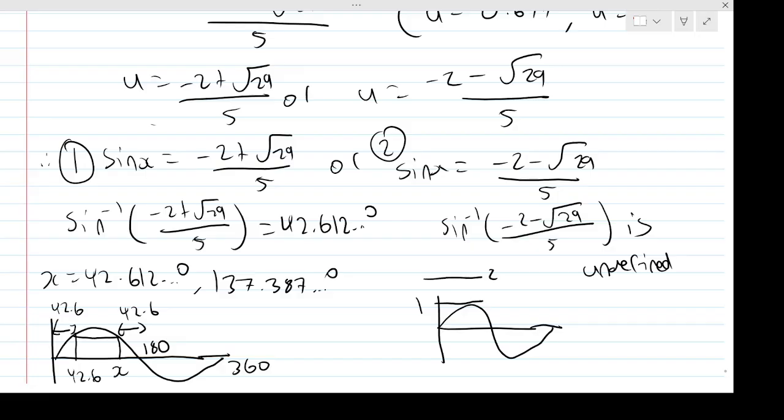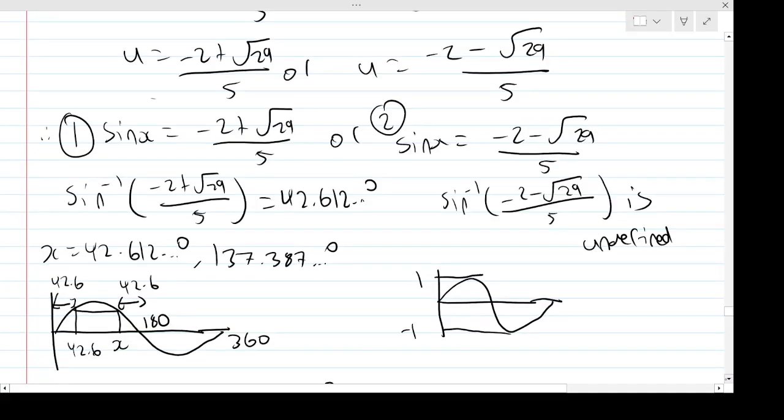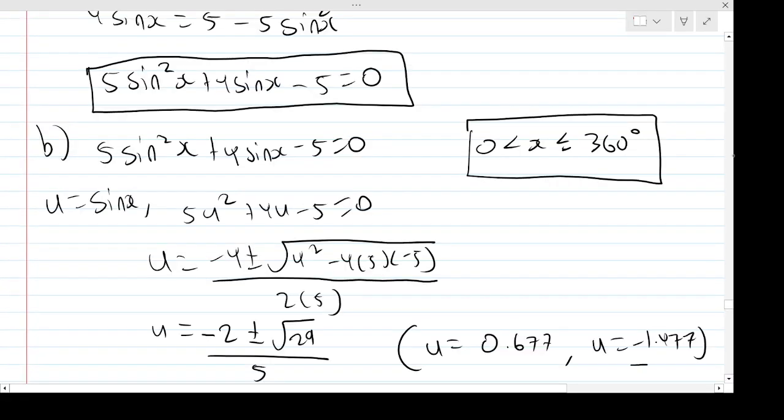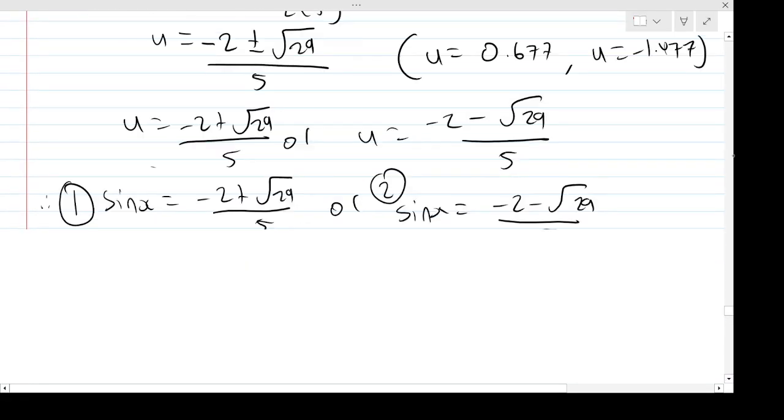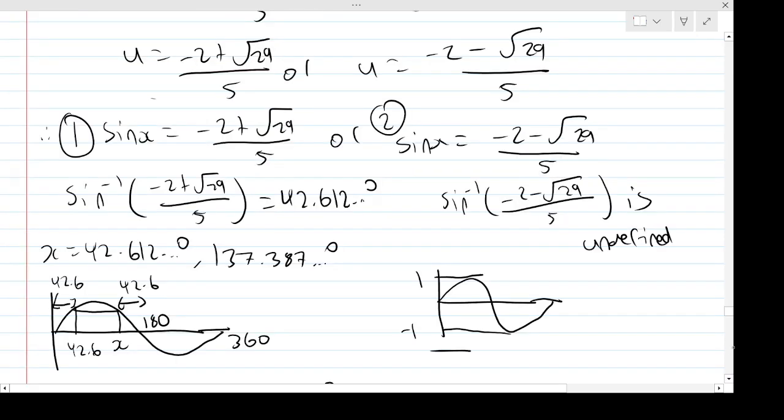But also the minimum, the lowest it can be, is minus 1. That means it can't be below minus 1. Well, minus 1.47 is below that. So it would be down there, minus 1.47. That would never meet the curve, because it's below the minimum, right?